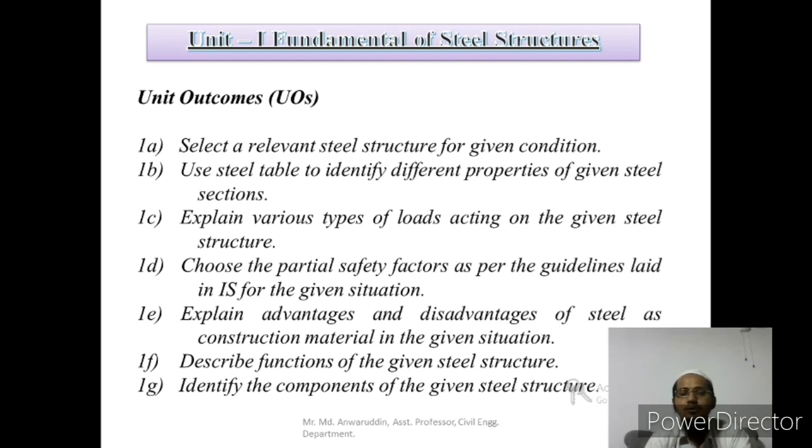Again, we are able to choose the factor of safety as per the guidelines given by IS 800-2007 for the given site conditions. We will be able to explain advantages and disadvantages of steel as a construction material in the given situation. Again, we can describe functions of the given steel structure.